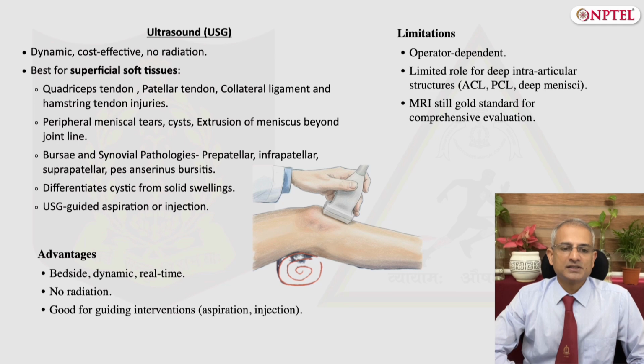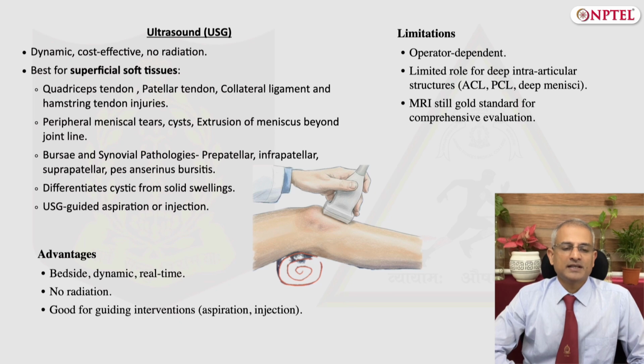It can detect meniscal cysts which are at the periphery or the peripheral meniscal tears or extrusion of the menisci after an injury. It can easily detect collateral ligament injuries, joint effusion, synovitis or bursitis. It is helpful to differentiate between a solid and a cystic swelling. And it also provides guidance for aspiration or injections that are very popularly given into the knee.